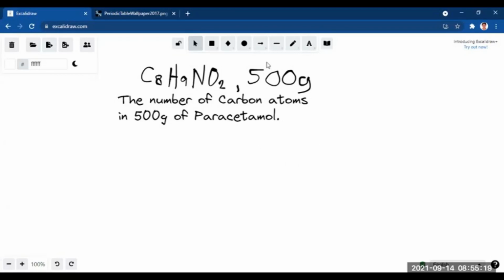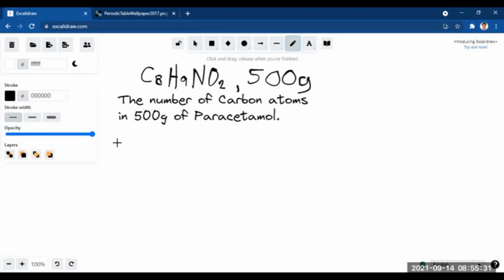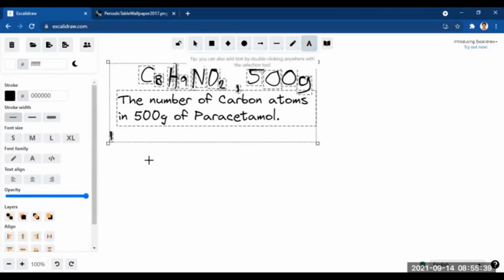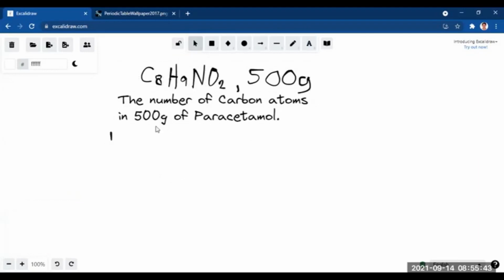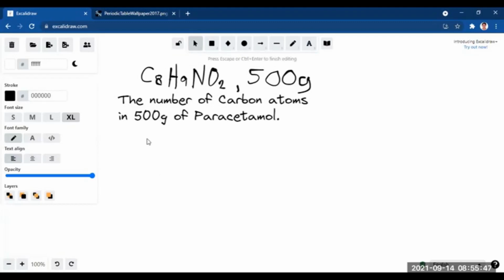And then, in order to find the number of moles, we need to find first the molar mass of this molecule. So let's start with the molar mass.